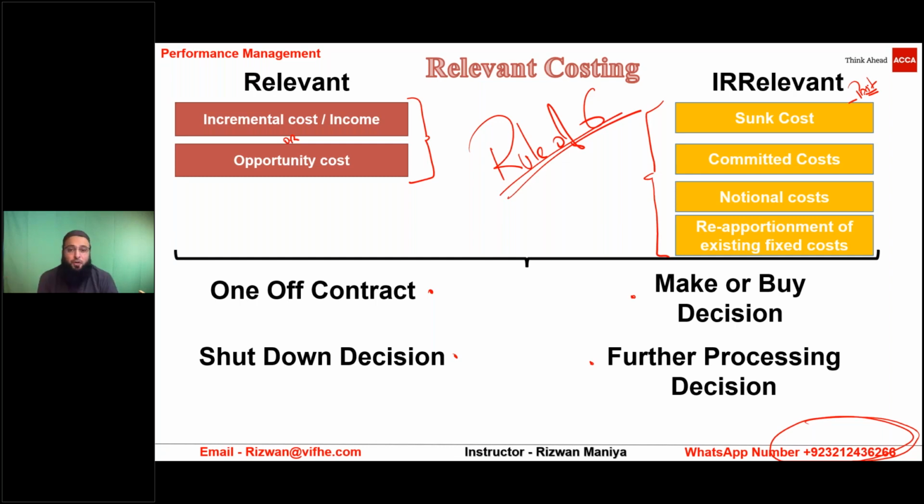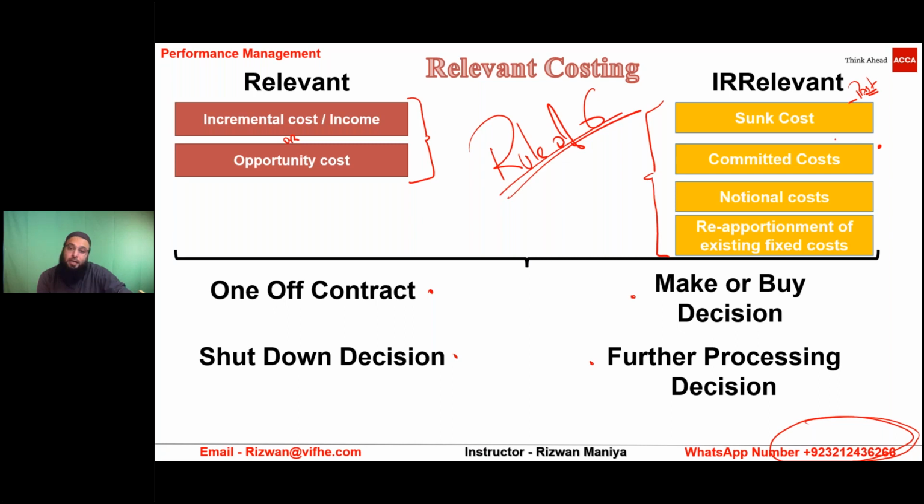Like the subscription fee that you have paid at the start of the year is not relevant. It's a past cost, and it's not relevant for the decision that you have to give exam in September or not. So that subscription is not a relevant cost because you have already paid for that, and that doesn't relate to decision. So it's a past cost, not relevant.